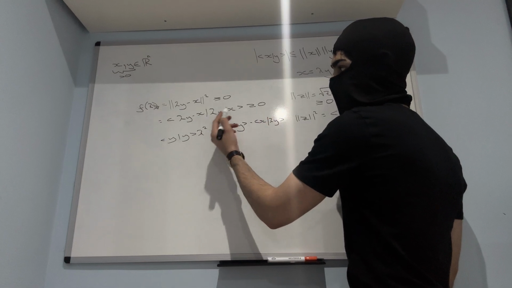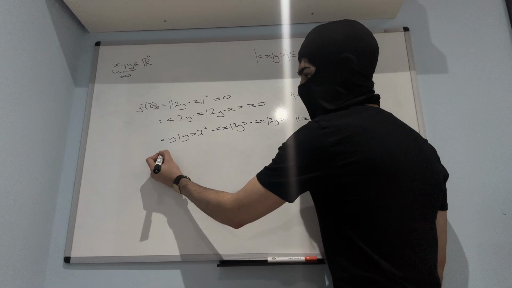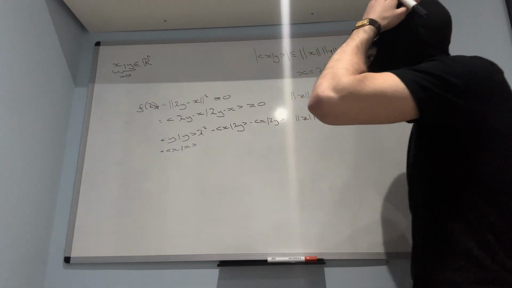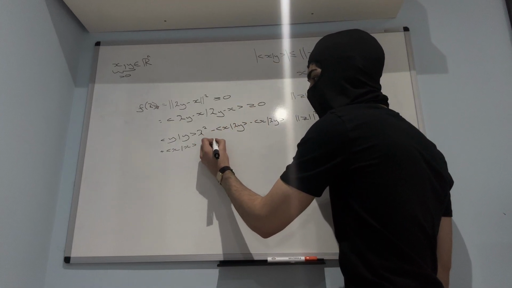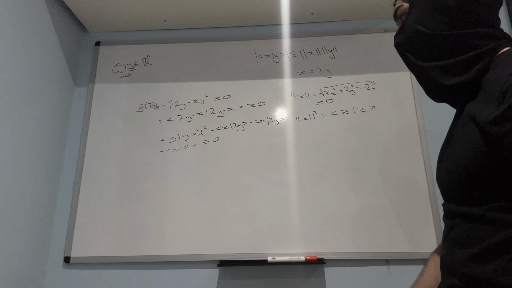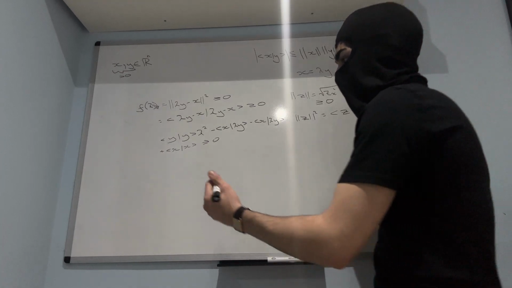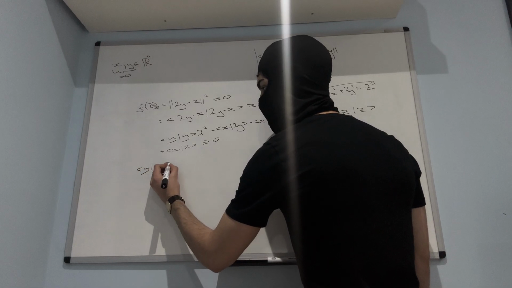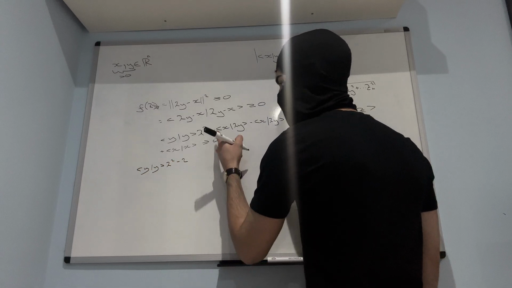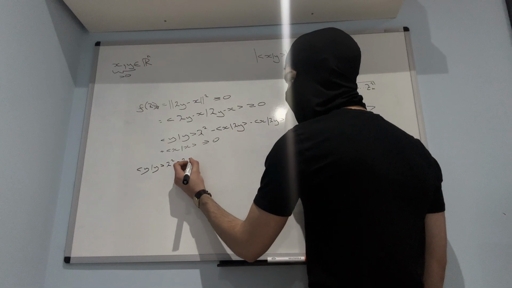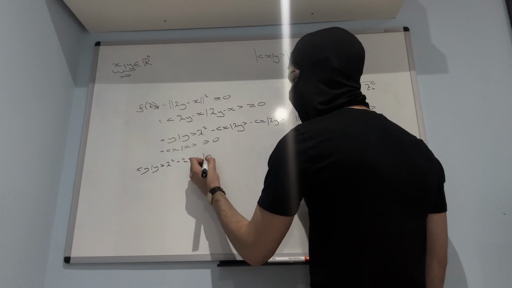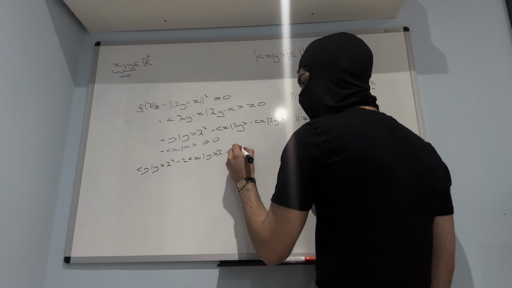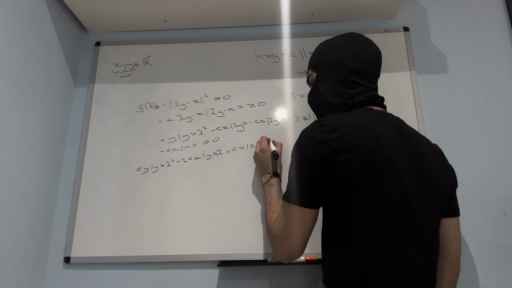And then minus x times minus x is positive, so positive x with itself, being greater than or equal to 0. We can make this a bit nicer to read in one line: lambda squared y with y, minus 2 lambda, because we have 2 of these, x with y, plus x dot with itself, greater than or equal to 0.